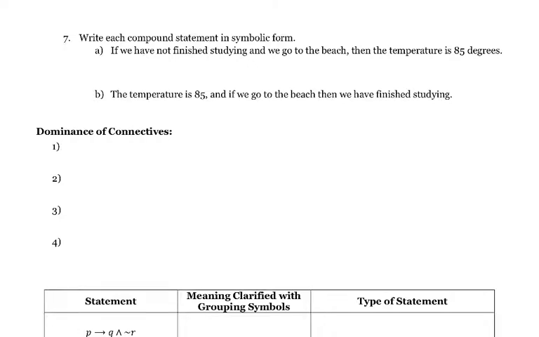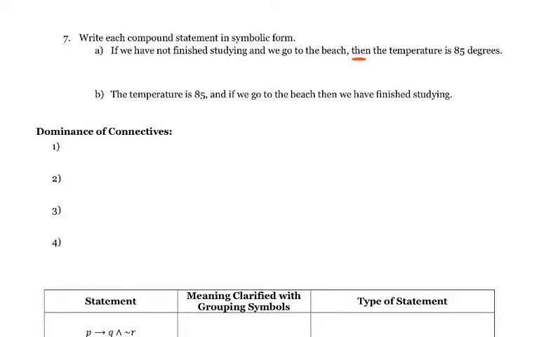So remember that the temperature one was our P, that was the 85 degrees. The Q was finishing studying, and the R was going to the beach. We have those three statements. Now we're going to translate the sentence into symbols. If we have not finished studying and we go to the beach, then the temperature is 85 degrees. So we have an if-then statement.